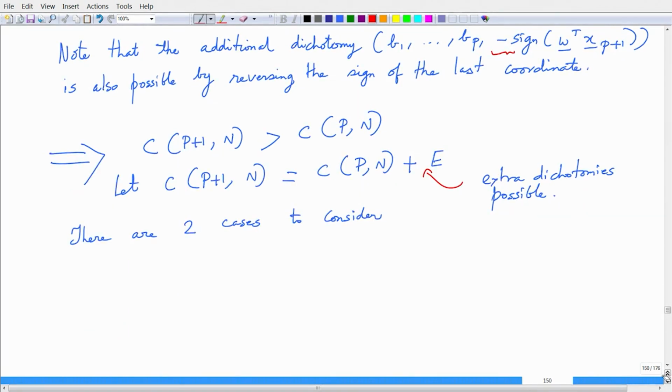Now, note that the additional dichotomy is possible by reversing the sign over the last coordinate, because we can have a plus or minus sign over the point x_{p+1}.